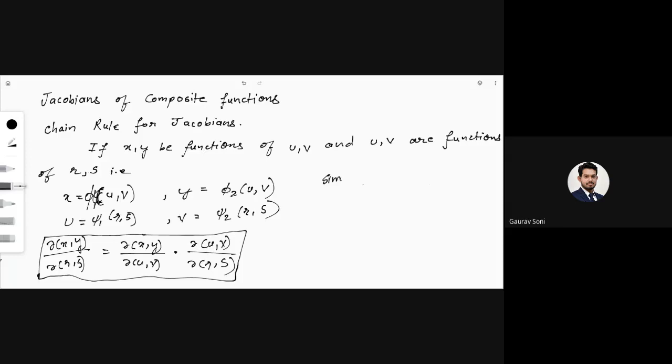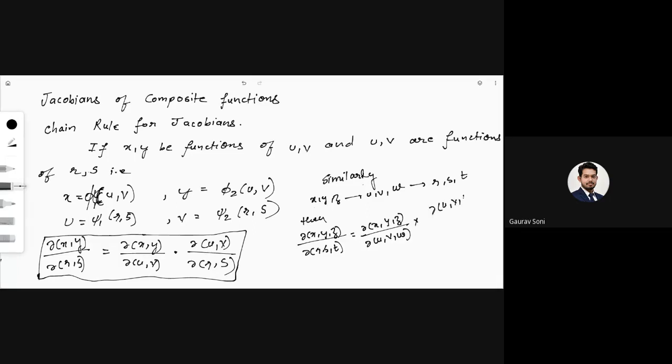Similarly, if x, y, z are functions of u, v, w, and u, v, w are functions of r, s, t, then the Jacobian of x, y, z with respect to r, s, t is equal to the Jacobian of x, y, z with respect to u, v, w into the Jacobian of u, v, w with respect to r, s, t.